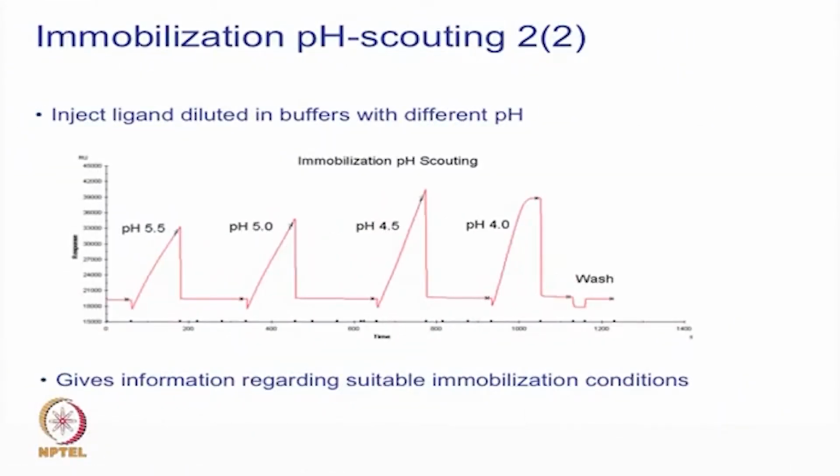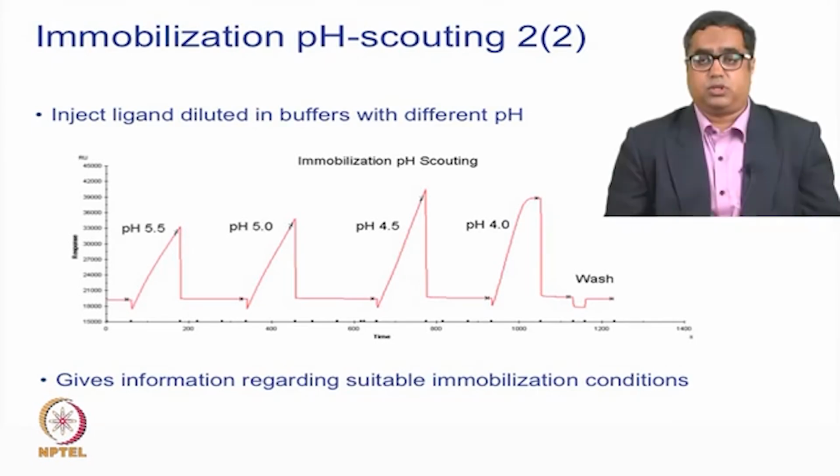Sometimes we are not aware of the pI, because the molecule is new and has just been recombinantly expressed, and we do not know its isoelectric point. In that case we go for an immobilization pH scouting, in which we dissolve the protein at different pH values, pass it over the surface of the chip, and see what responses come from the molecule.